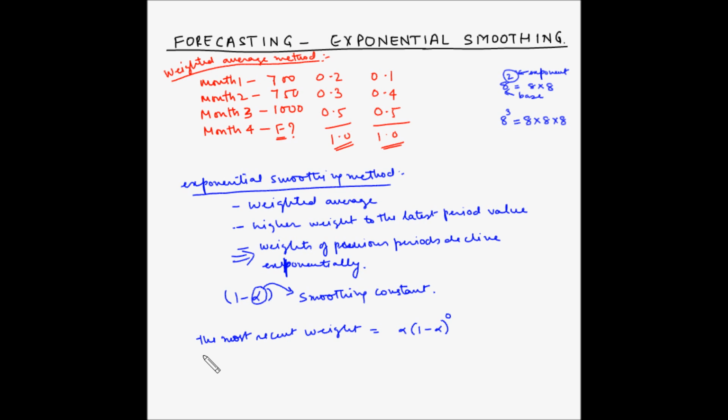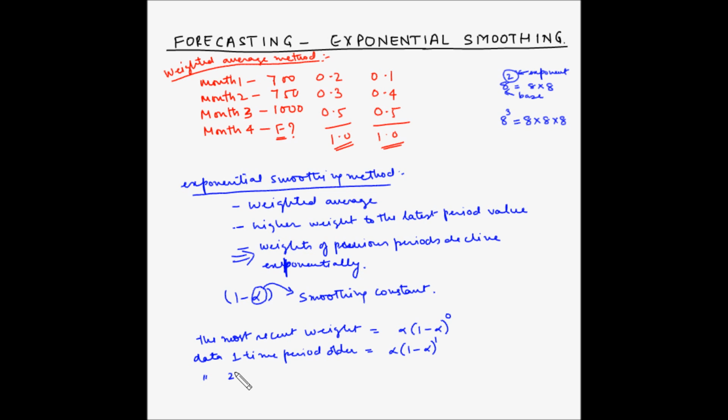then the data which is one time period older will have the weight alpha, and we have to multiply this by 1 minus alpha. So alpha times 1 minus alpha to the power 1.